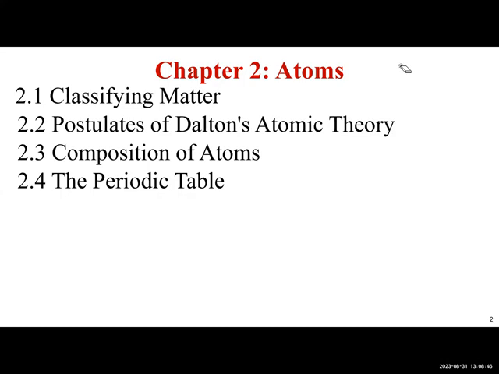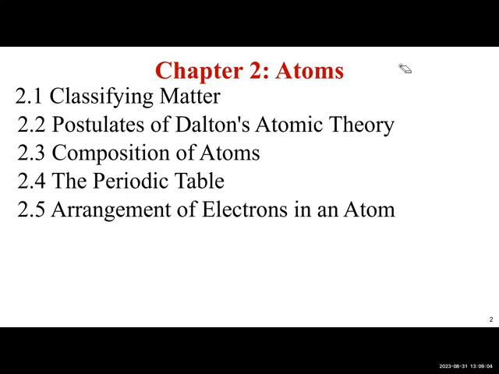It is a table where all known atoms are put, called the periodic table. We're going to see how it describes the atoms of different elements in the periodic table.